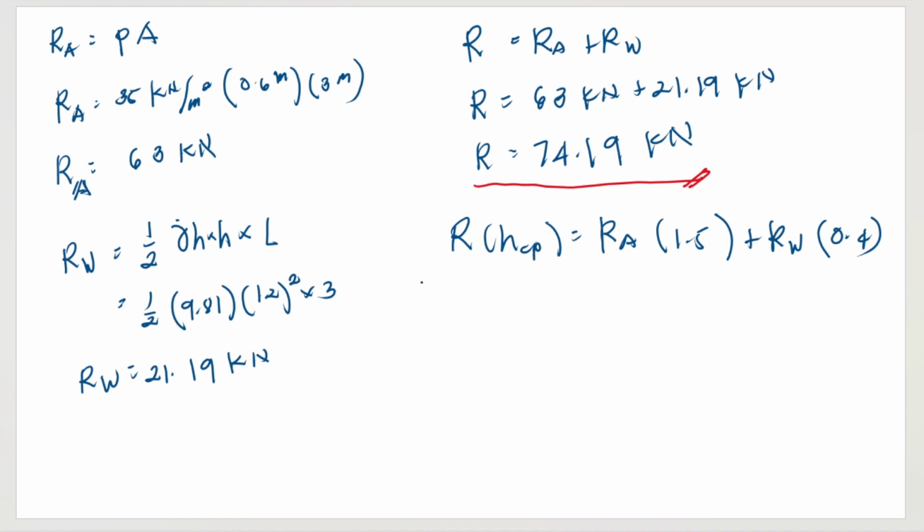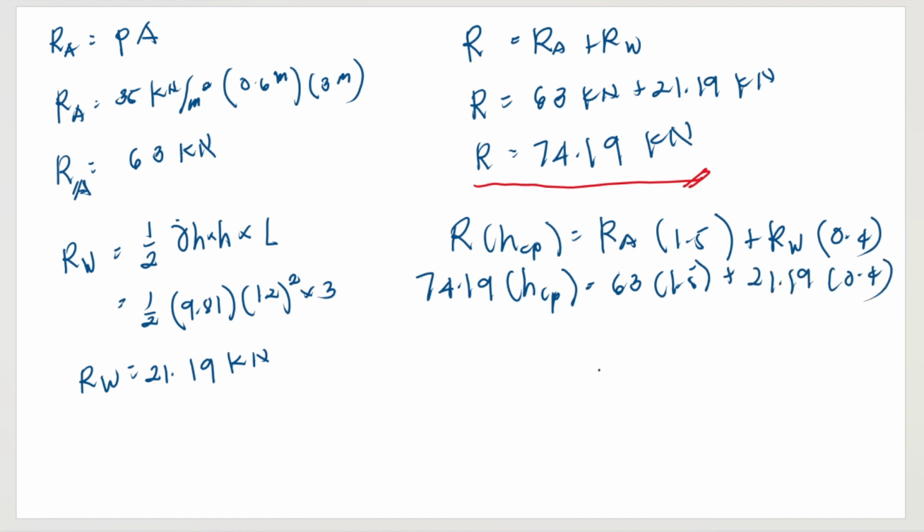So, if we're going to rewrite, 74.19 multiplied by HC sub P is equal to R sub A, 63 times 1.5 plus 21.19 times 0.4. So, we will have the value ng height ng ating resultant force or center of pressure mula dun sa ating base.